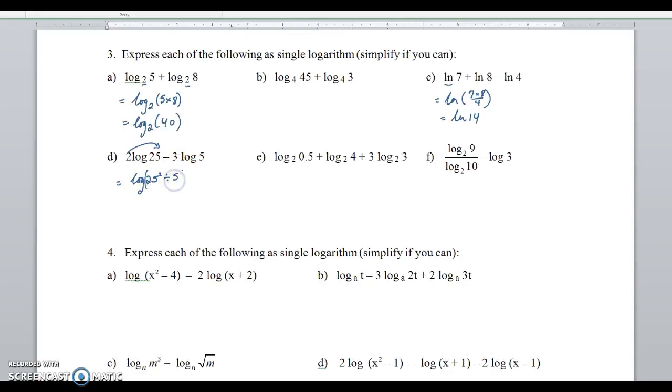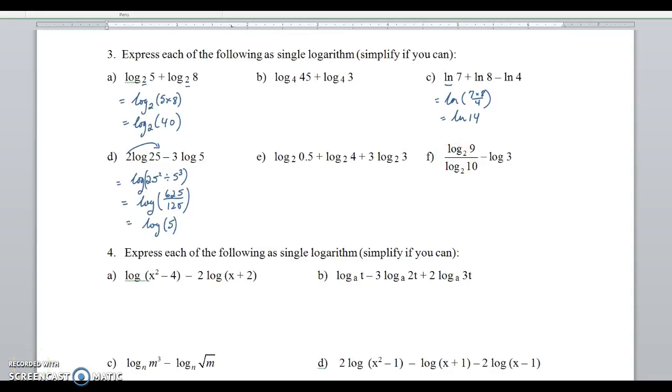Cleaning that up a little bit would be log of 25 squared, which is 625, over 5 cubed, which is 125. This reduces to log of 5, log base 10 of 5. If we knew how to work that out, we could have simplified it further.